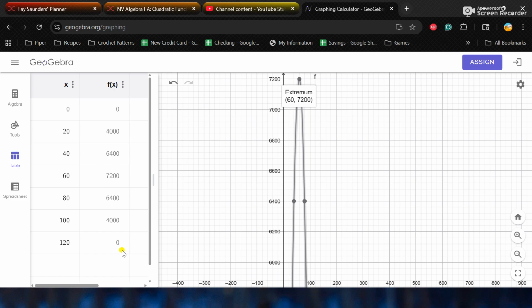That's a huge garden. Wow, that's way, way big. This will happen when the width is 60 feet and the length is 120 feet. See, the width is 60 feet, the length is 120 feet.